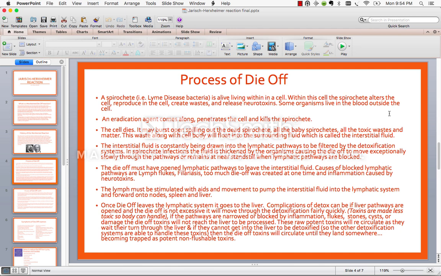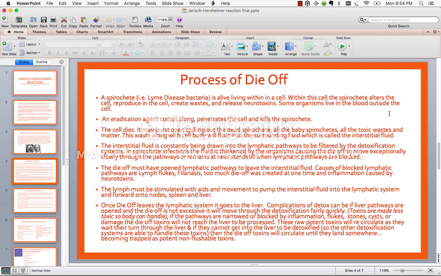Once die-off leaves the lymphatic system, it goes into the liver, and complications of detox can be present if the liver pathways are not opened and they are clogged as well. If die-off is not excessive, it'll move through that detoxification system very quickly. If toxins are not made less toxic so the body can handle them, or the pathways are narrowed or blocked by inflammation, flukes, stones, cysts, or damage, the die-off toxins will not reach the liver to be processed.